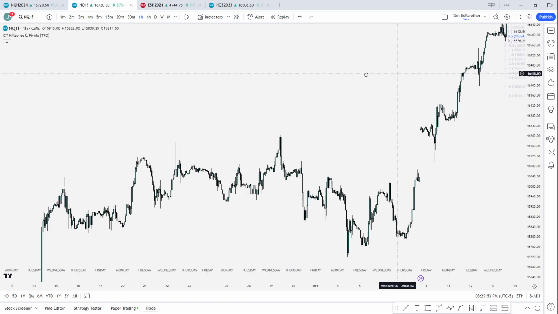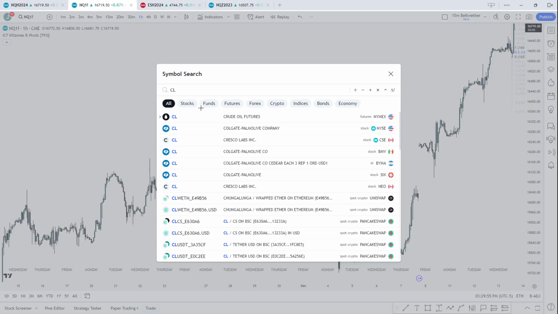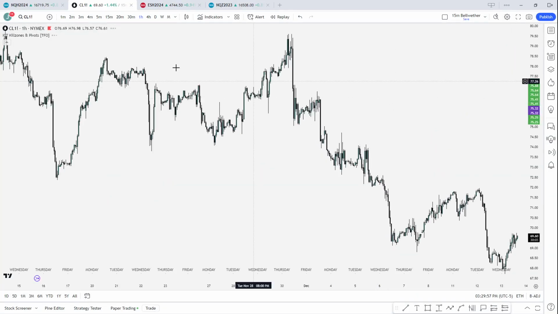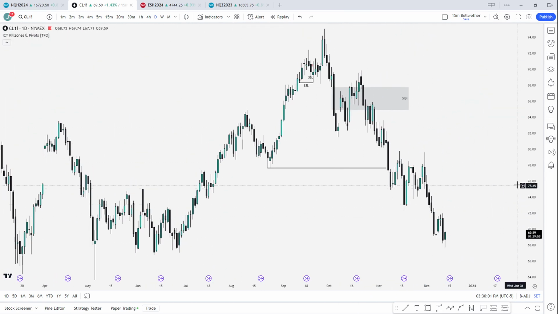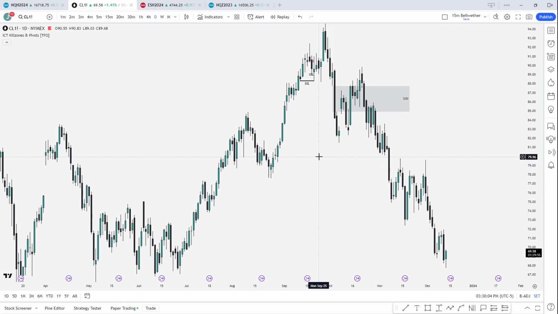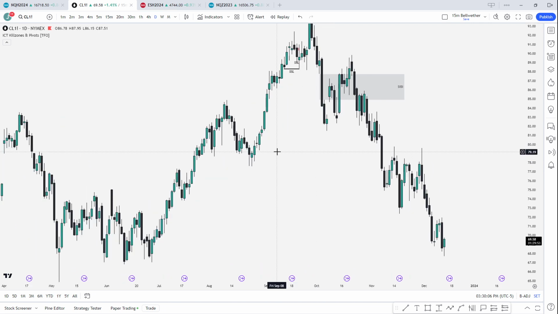If you're in a clear market maker model, actually let's go to CL really quick because I know there's a clean one there on the daily. Clean market maker sell model. Let's see. So clear order block range. We have one in here. Old selling.